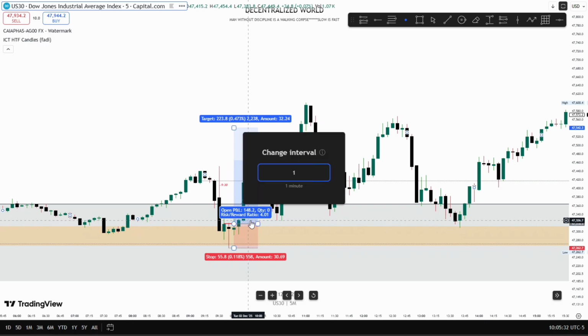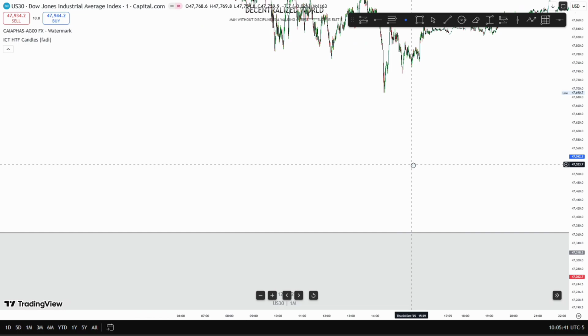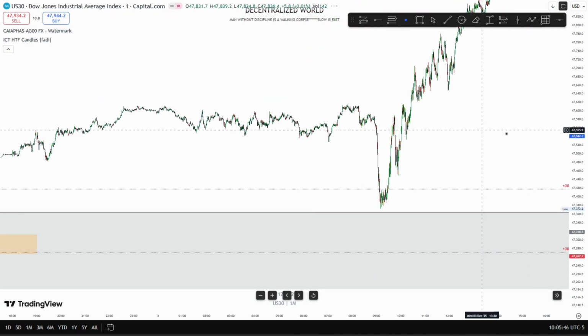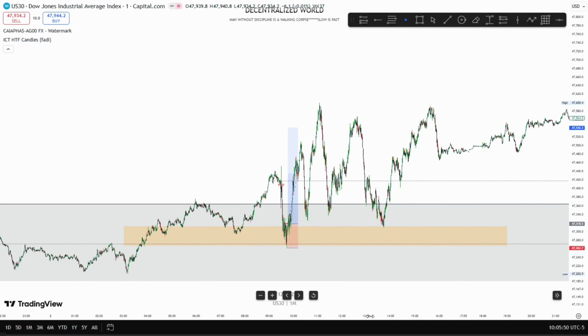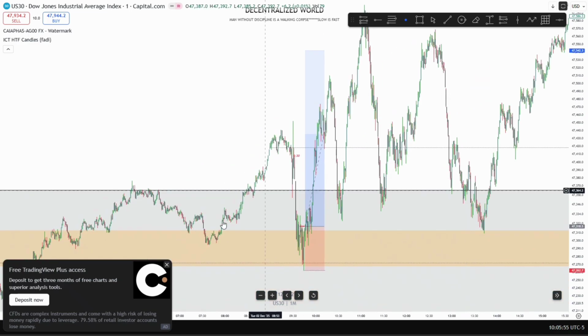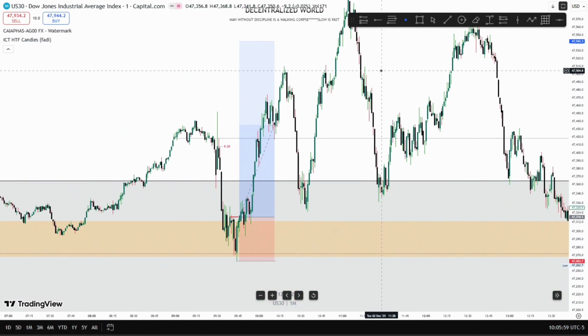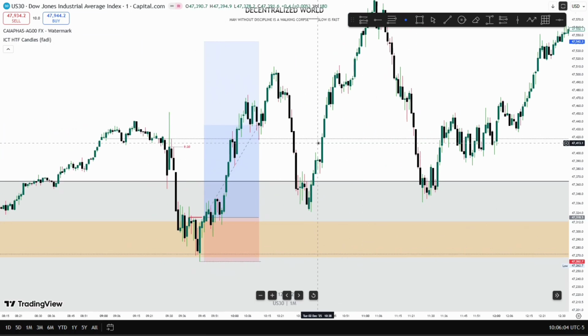I took my entry on a 1 minute time frame, and I was targeting quite a low risk to reward, which is a matter of preference, right? I prefer this risk to reward ratio that I'm taking. You can be targeting 5, 4, 20, it all depends.